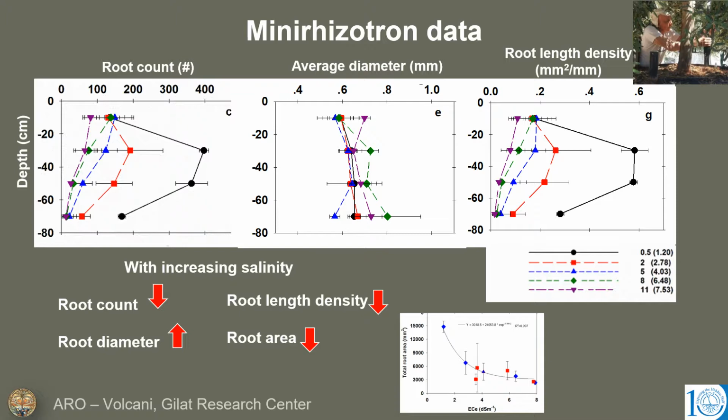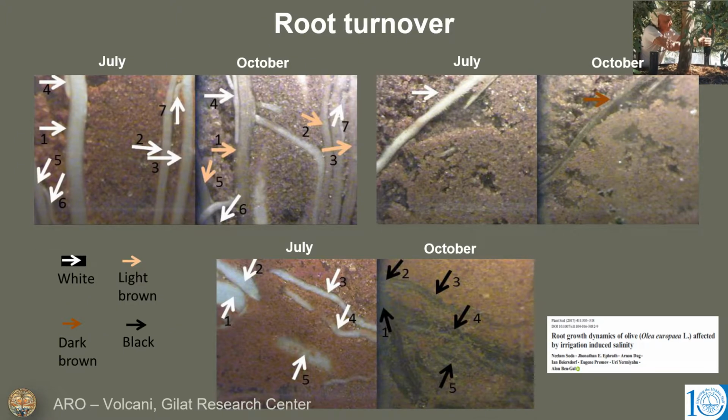We also use the mini rhizotron data to look at root turnover. We see pairs of pictures at two different times, and we use a system of colors representing the ages of these roots, with white roots being the youngest, light brown roots a little older, dark brown roots older, and black roots being dead or dying roots over time.